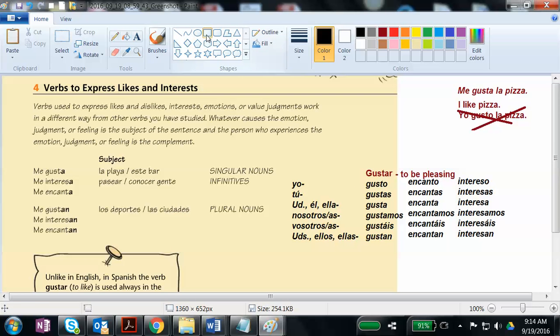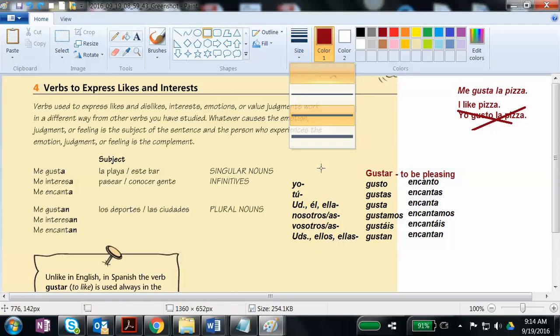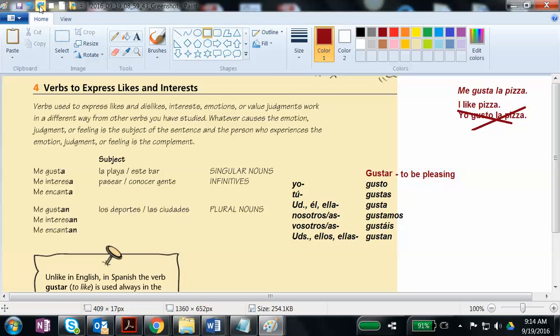So most of the time when you're dealing with gustar and verbs like gustar, you're really only going to use these two conjugations. Whoops, where did my interesar go? Okay, let me put it back.